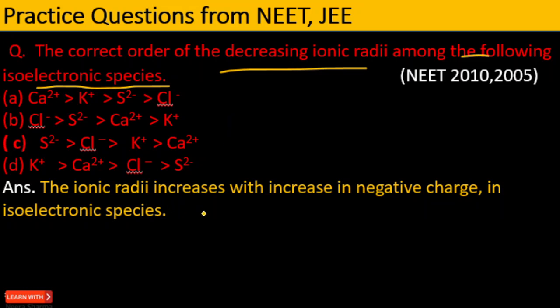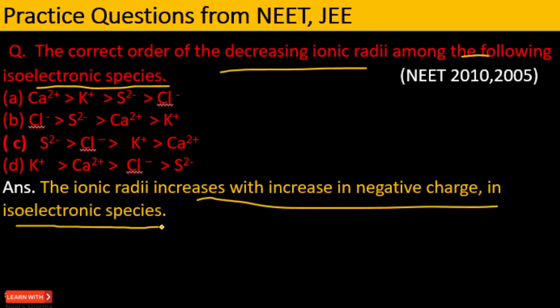The ionic radii increases with increase in negative charge in isoelectronic species. So which will have the greatest size? The ion which has the greatest negative charge.